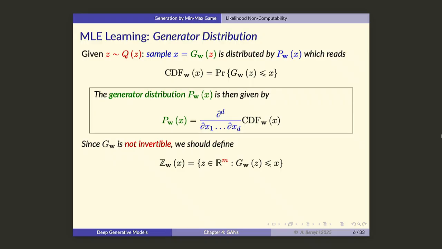Say G of Z equals Z squared, smaller than or equal to 1. Does it mean that Z is smaller than something only? No. This means that Z is between 1 and minus 1. So Z cannot be smaller than minus 1 as well, right?